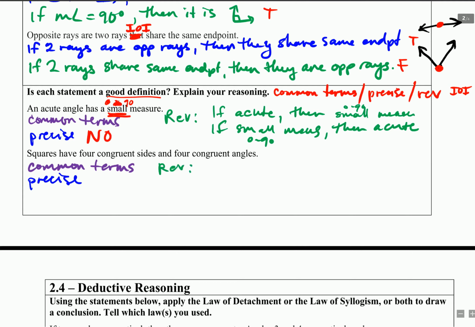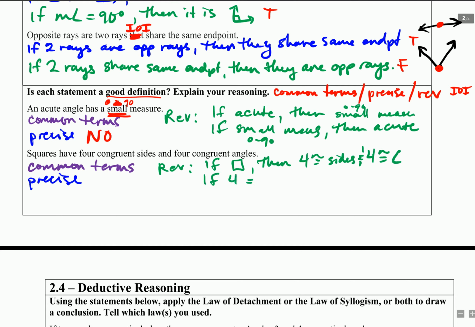Let's check if it's reversible. So if we have a square, then 4 congruent sides and 4 congruent angles. And we switch that around.